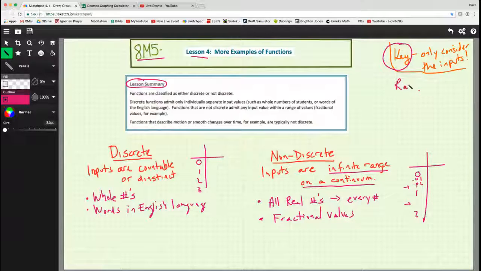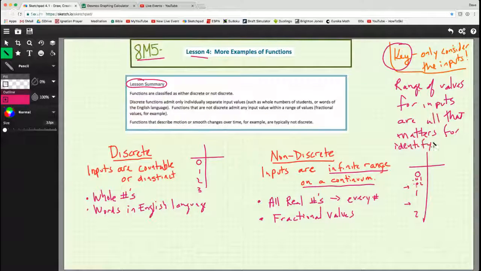The range of values for inputs are all that matters for identifying whether it's discrete or not discrete functions.